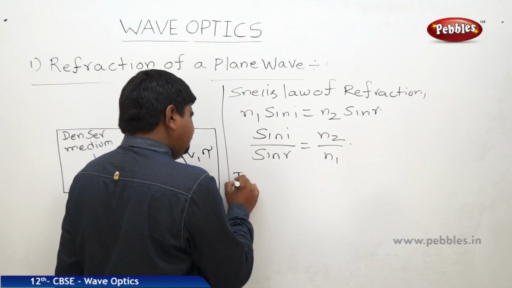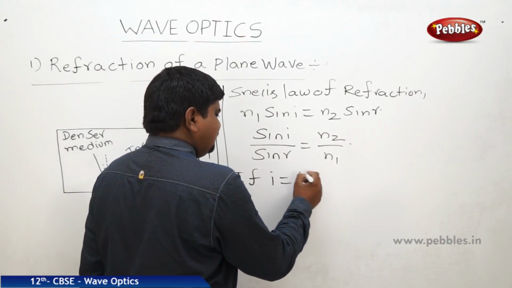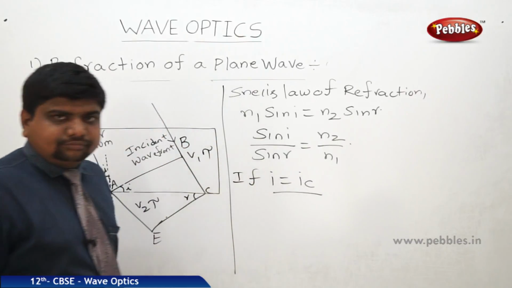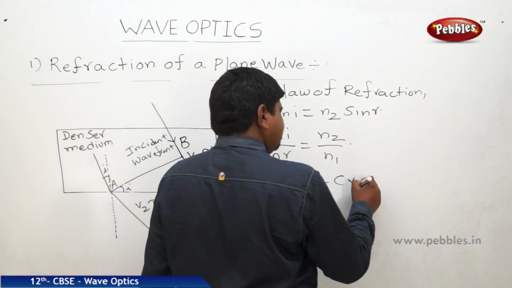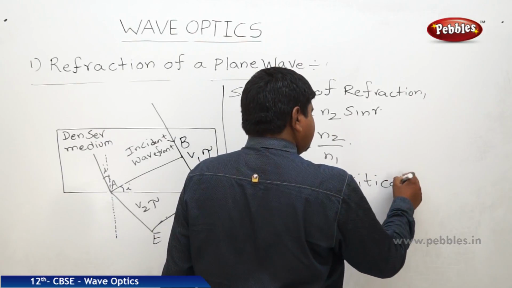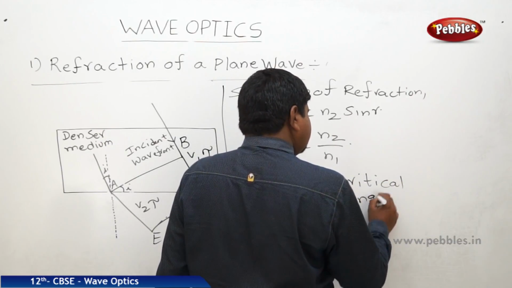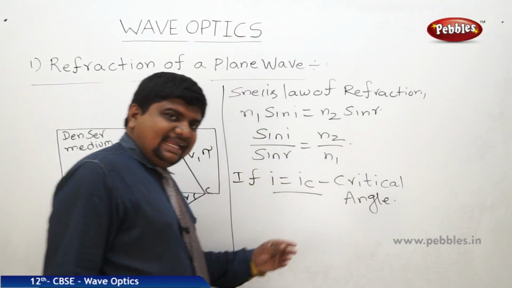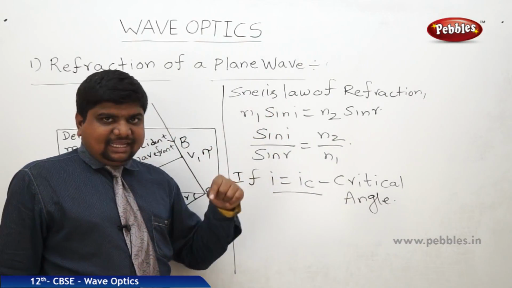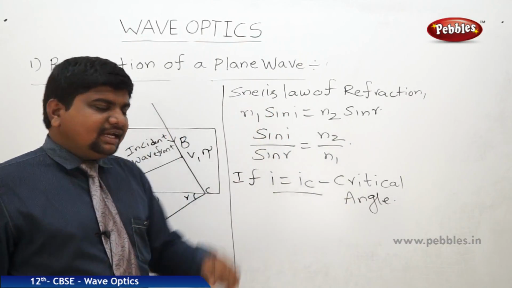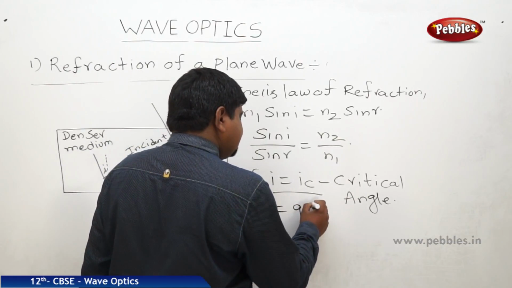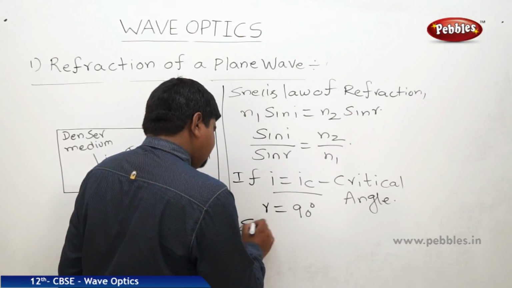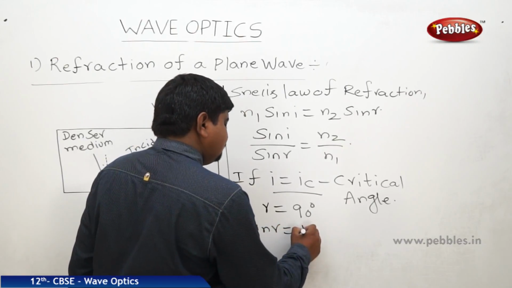If I is equal to IC, what is this IC? Critical angle. If the angle of incidence is at the critical angle, then the angle of refraction will be 90 degrees. So correspondingly, R will become 90 degrees. Therefore, sin R is equal to 1.